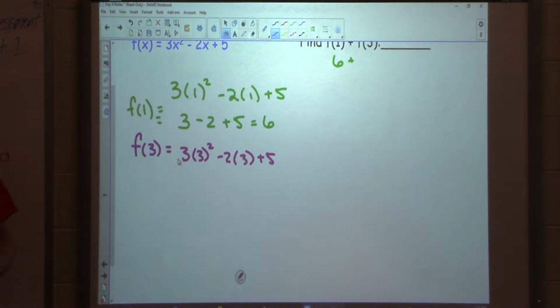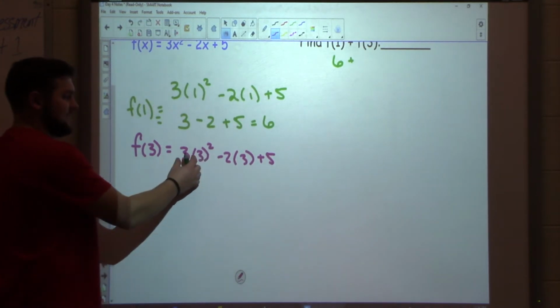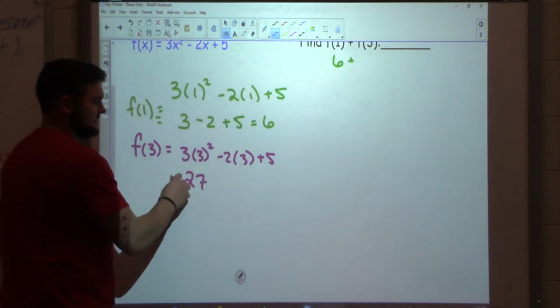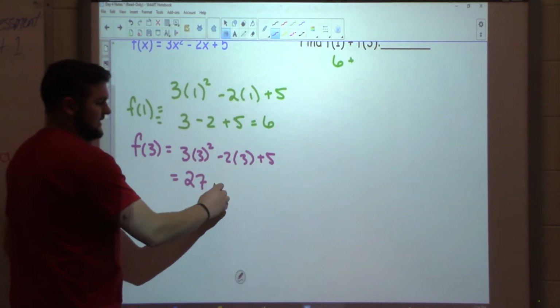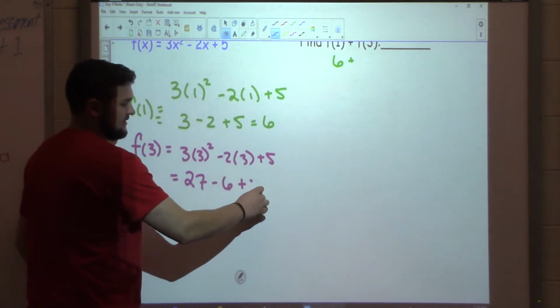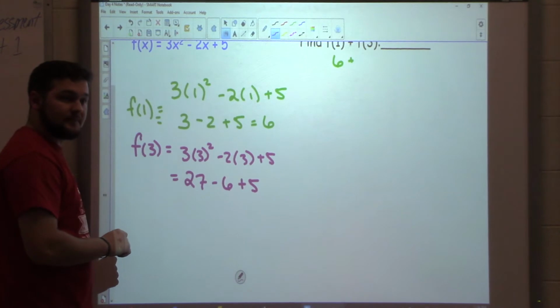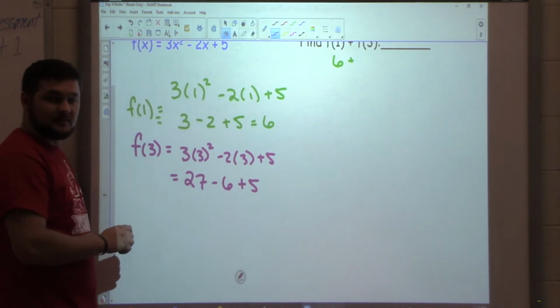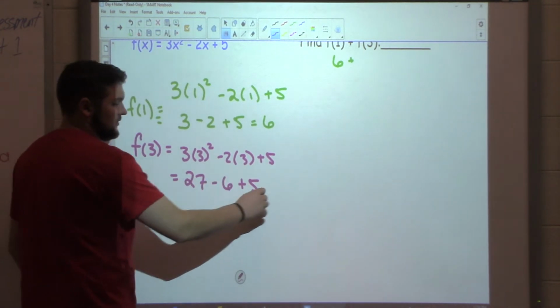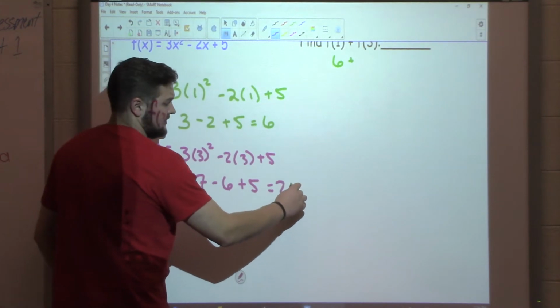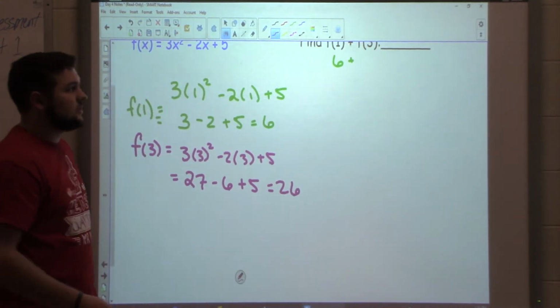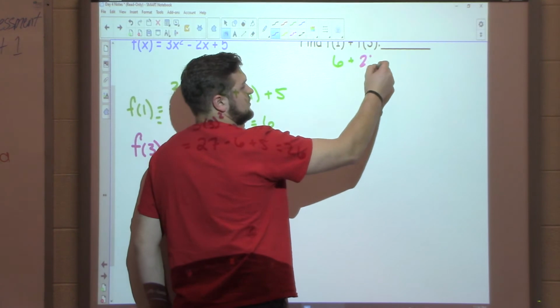Okay, 3 squared is 9, times 3 is 27. Minus 2 times 3 is 6, plus 5. You all follow me? 27 minus 6 is 21, plus 5 is 26. So f of 1 is 6, f of 3 is 26.